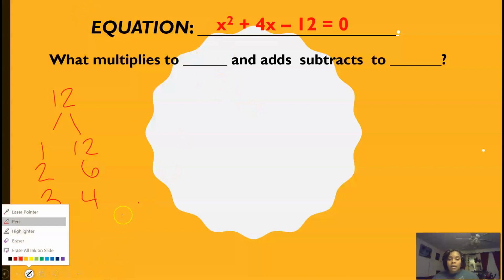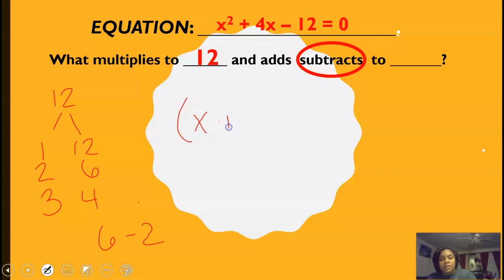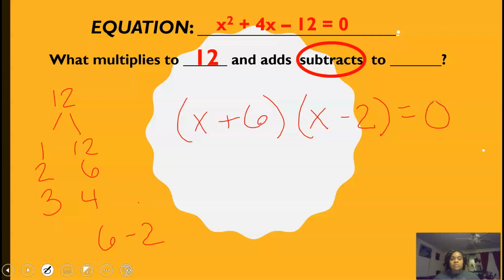Now I know what it would be when I multiply them, so it would have to be subtracting. 6 subtract 2 would give us positive 4. So our answer here would be x plus 6 and x minus 2 equals 0. And our x's would be the opposite of whatever that is, because then it comes out to 0.